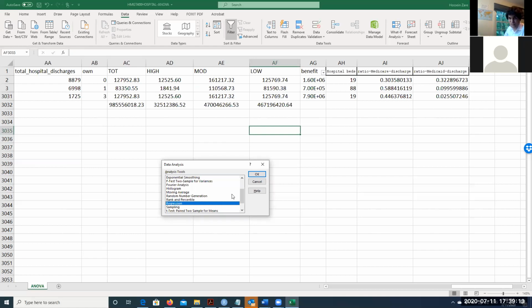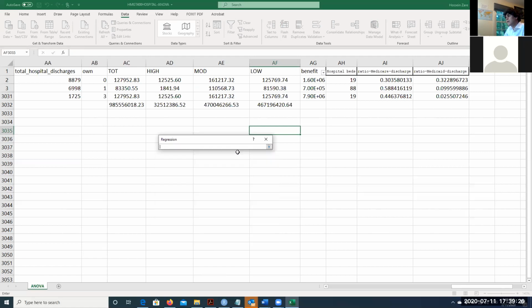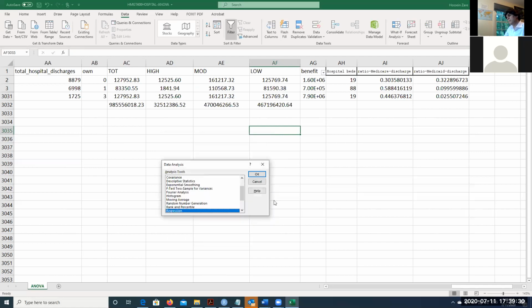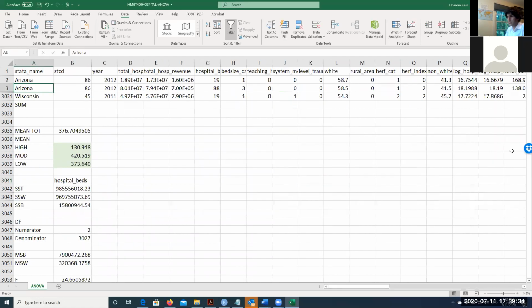You don't need to purchase any package. I saw a few websites selling those packages, so you don't need to get anything from them. Input Y range should be this one. Oh, the other part, so I need to go with that. We cancel this. You should also filter data by teaching.